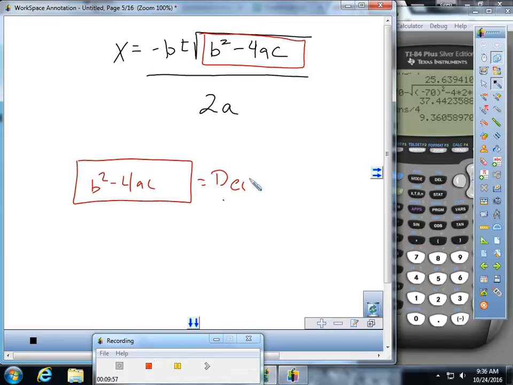I don't know why it's called the discriminant. It doesn't seem like that's a good thing to be doing in these day and ages. But it is called the discriminant. Okay? What's the rule that we have on square roots? We're not allowed taking the square root of negative numbers. Do you know that?